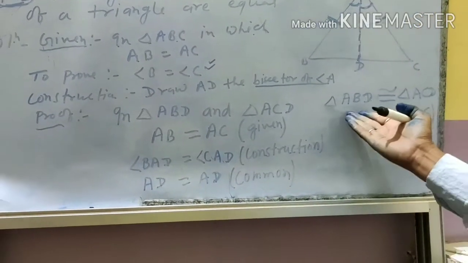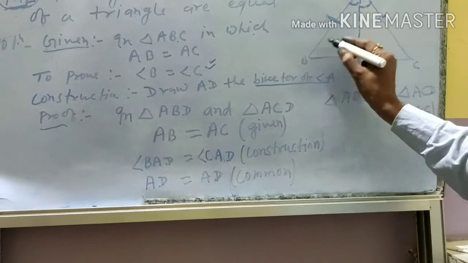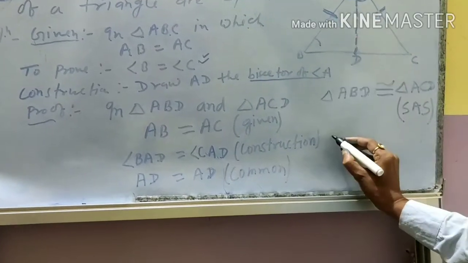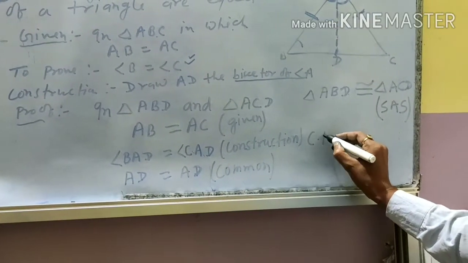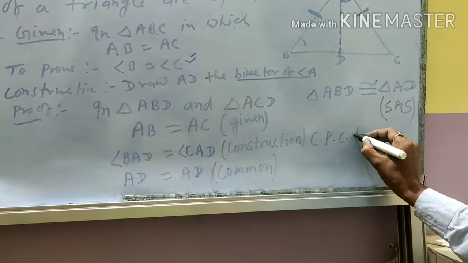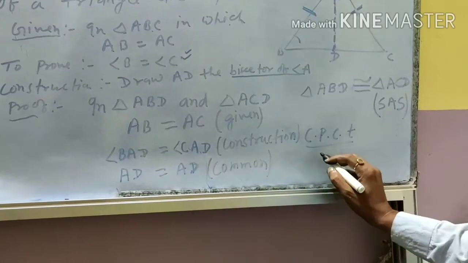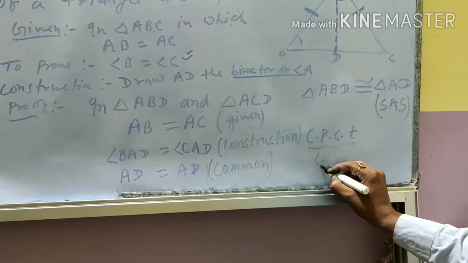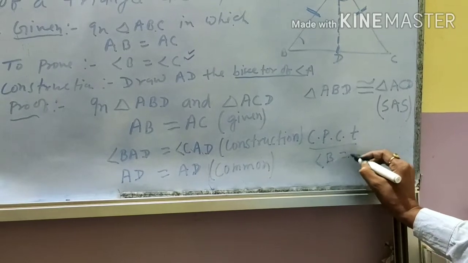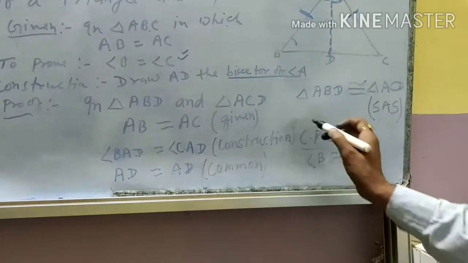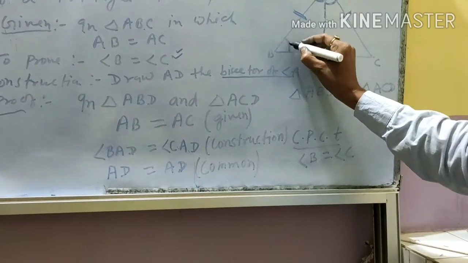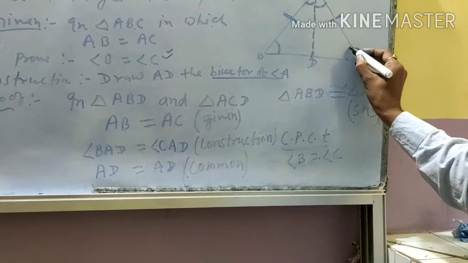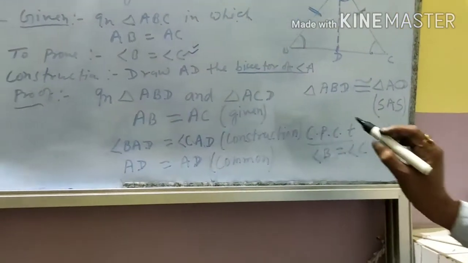These two triangles are congruent, and by the CPCT we can write angle B is equal to angle C. By the CPCT we can write angle B is equal to angle C. This is your proof. Okay, student.